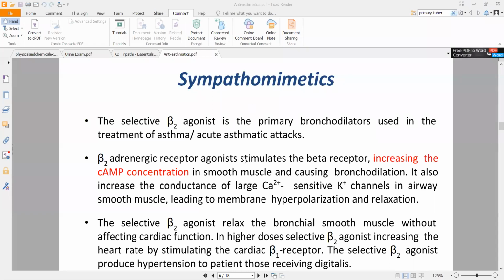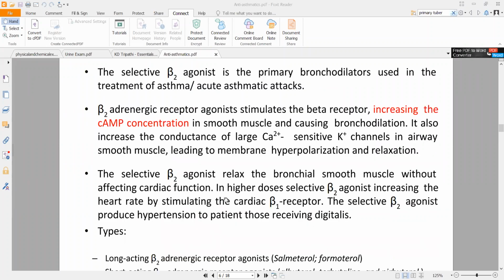Now, selective beta 2 agonists are primarily bronchodilators. As soon as you give a beta 2 agonist, cyclic AMP concentration in your smooth muscle will increase. As soon as that happens, it will cause bronchodilation. That is the primary effect of cAMP. If cyclic AMP is present in any cell, it will immediately cause relaxation of that cell to the most degree.